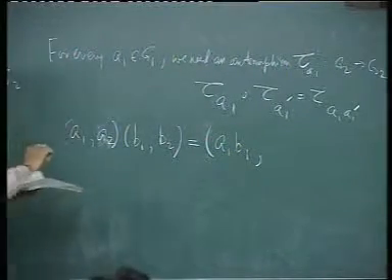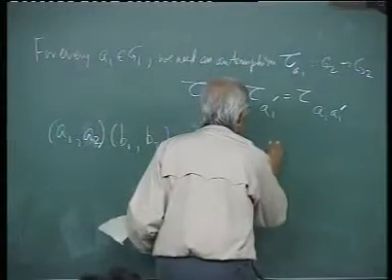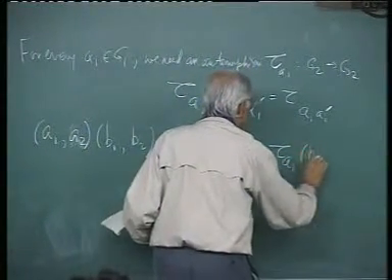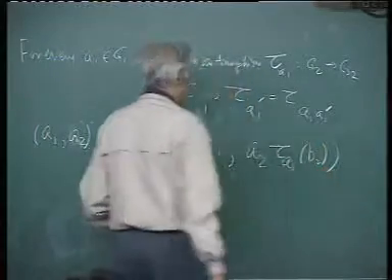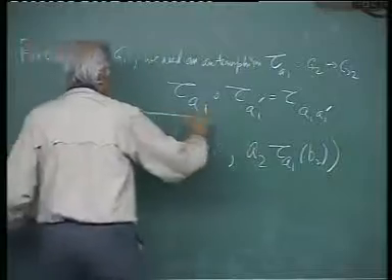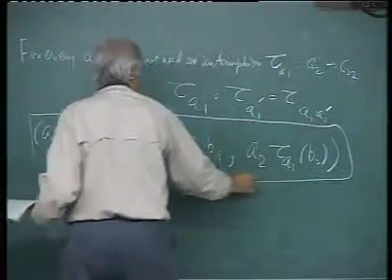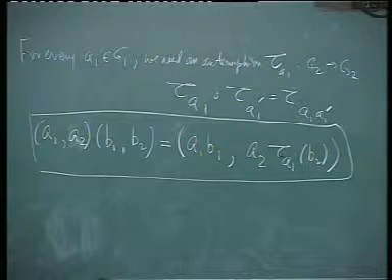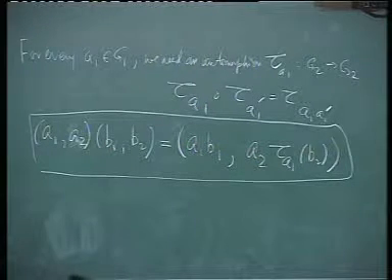It is something more involved. It is A2 tau A1 of B2. This is the composition rule for these ordered pairs. So there is a way, as a mnemonic, to remember this.